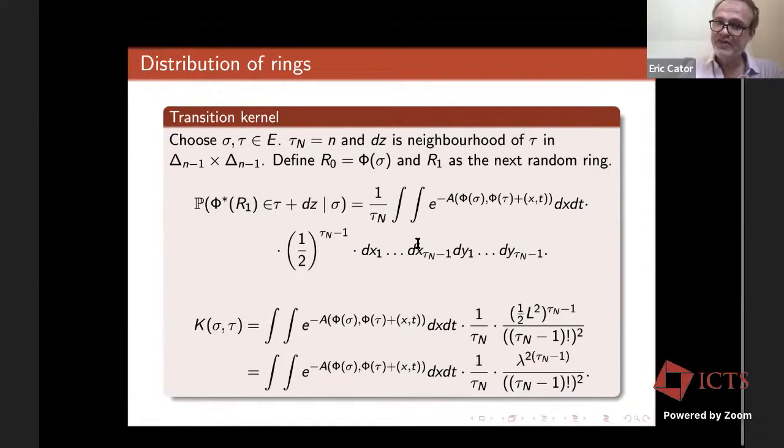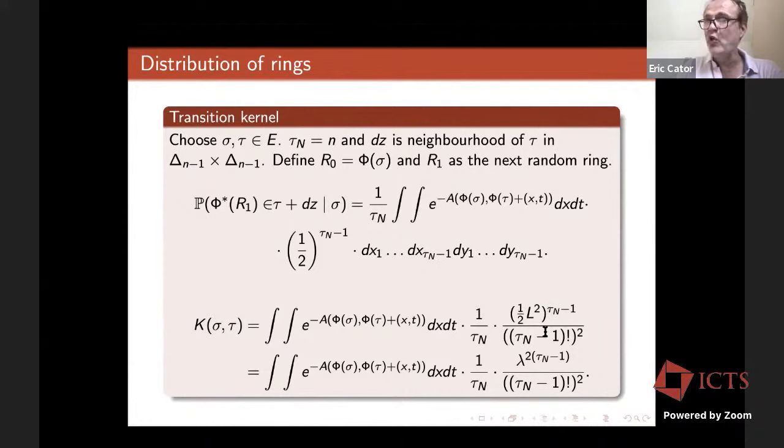And since this is the probability, I can now write up what is the kernel density, the transition kernel, because I take this probability and I make sure that it's a density with respect to nu, and nu had these factors n factorial squared and L squared. So I have to cancel them out. So those are these factors here. That's because it has to be a density with respect to nu.